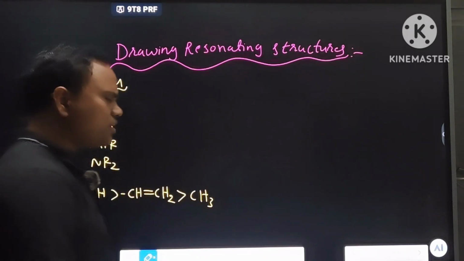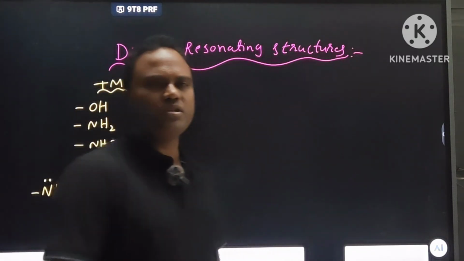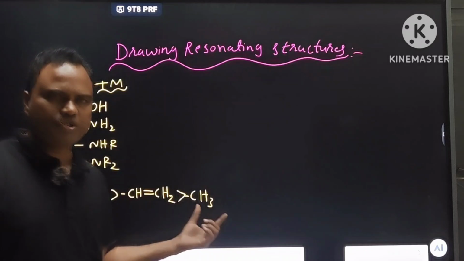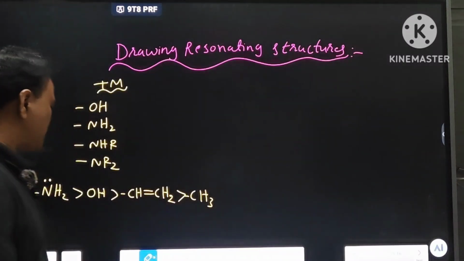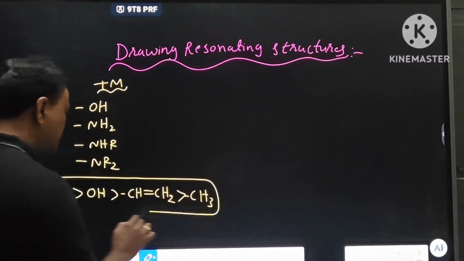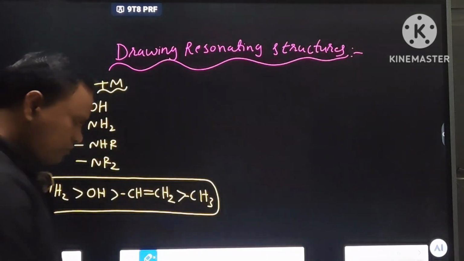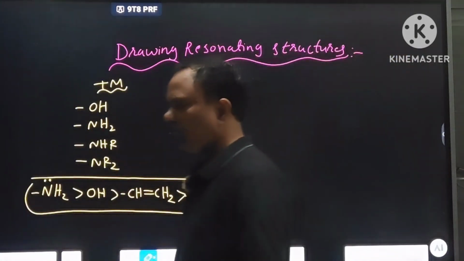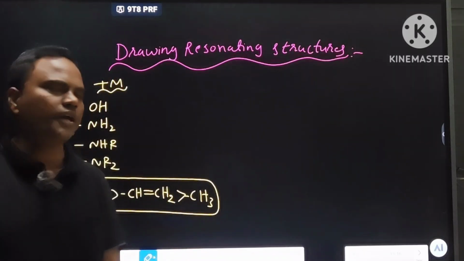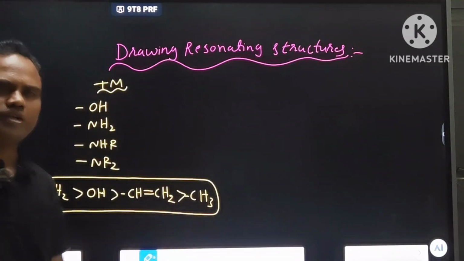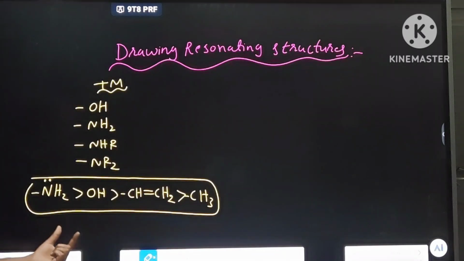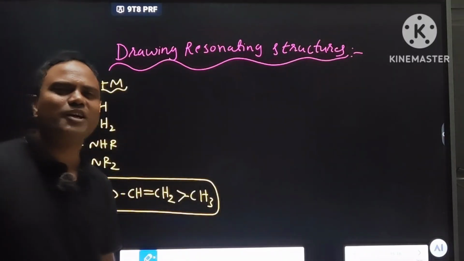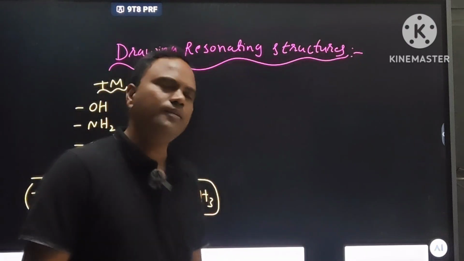CH3 is considered a plus M group. It is a special category; based on hyperconjugation, it will act as a plus M. So remember this: NH2 is a good plus M group, after that OH, after that the double bond, after that the methyl group. I use these 4 examples in questions, that's why I gave them. So whenever you get these 4 examples, the order is NH2, then OH, then alkene, and least CH3. CH3 donating power is the least. Okay, right.